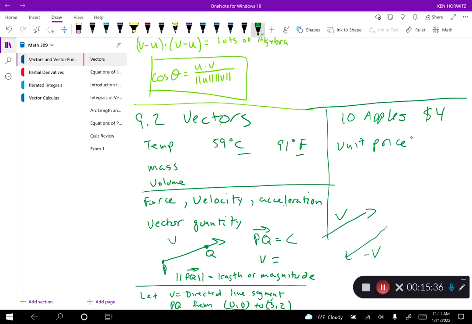Well, you would do $4 divided by 10, and you would get 40 cents. And it's the same idea of what we're going to do with vectors.